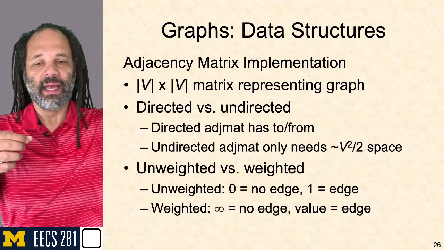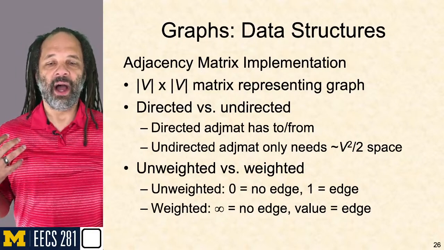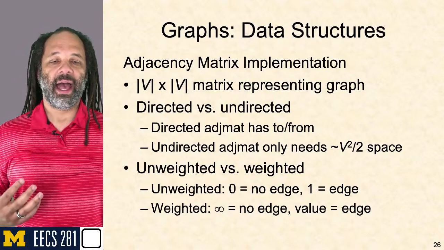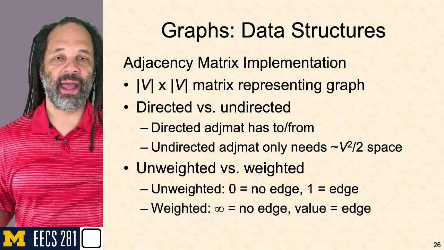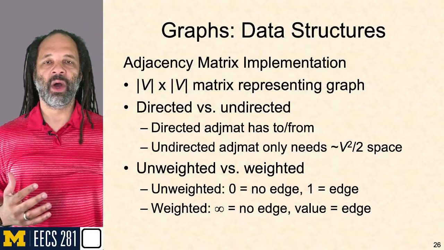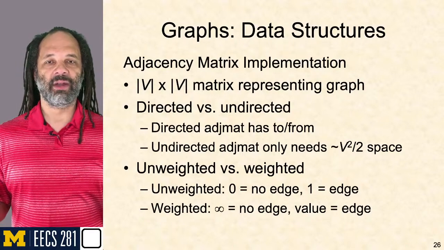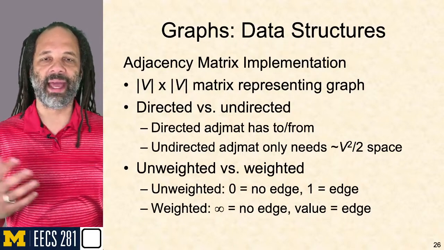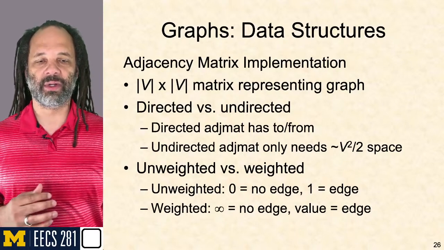So in this case, I can see that there's from and to. However, in an undirected adjacency matrix, I could actually just eliminate half of that triangle if it really mattered to me, because in the undirected matrix, we know that it's symmetric across that diagonal. So I don't need to represent the full square. So in that case, I could save some of my memory, half of it, V squared over 2 space.